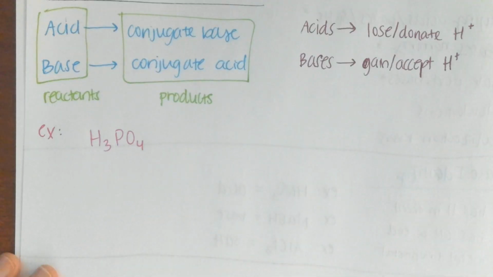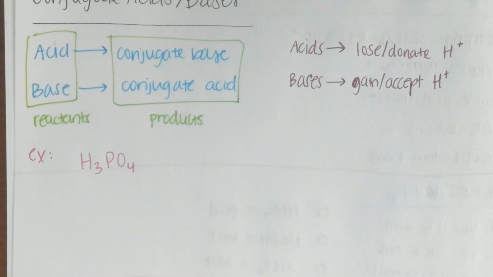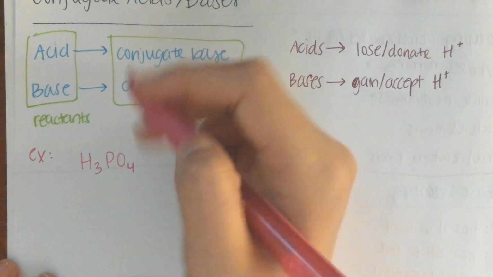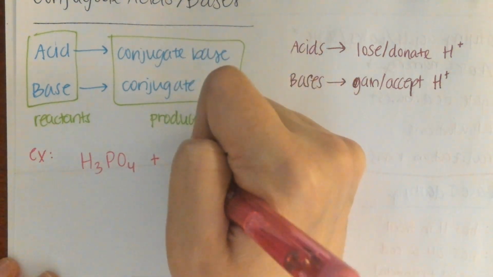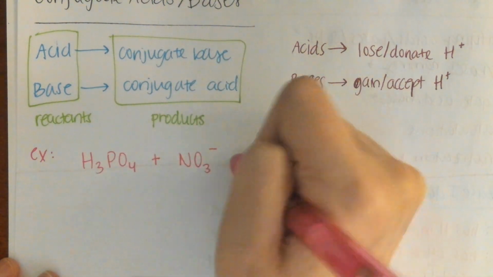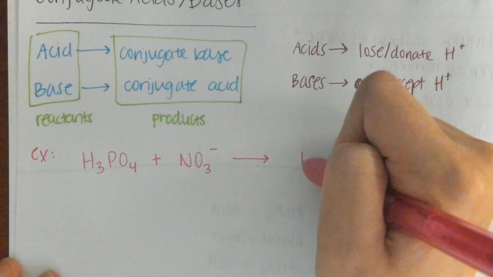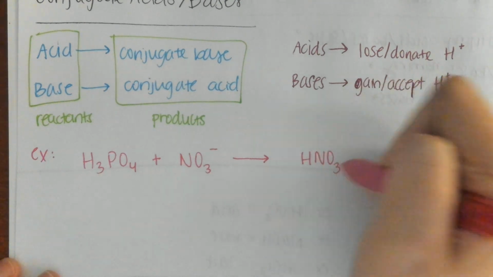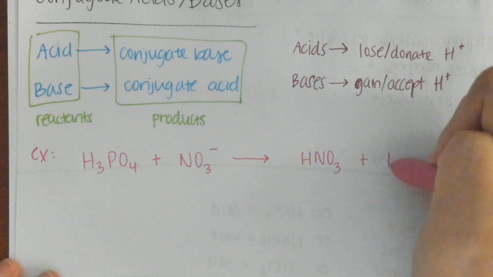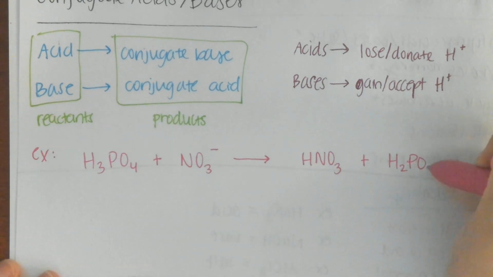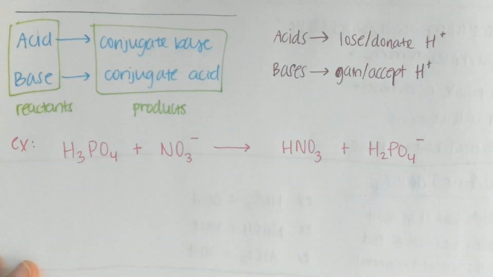So let's say I give you phosphoric acid, and then I give you NO3, then I give you HNO3 plus H plus.